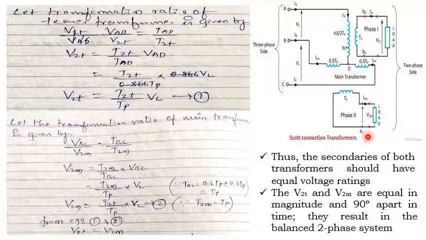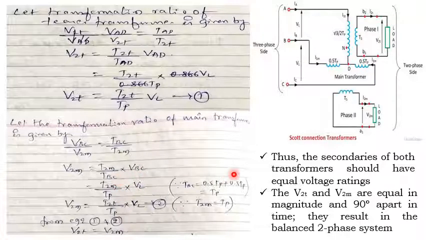The primary voltage of the main transformer is VBC, the secondary voltage is V2M, the primary turns is TBC, and the secondary turns is T2M. The ratio is VBC divided by V2M equals TBC divided by T2M. Separating V2M, we get T2M divided by TBC into VBC.